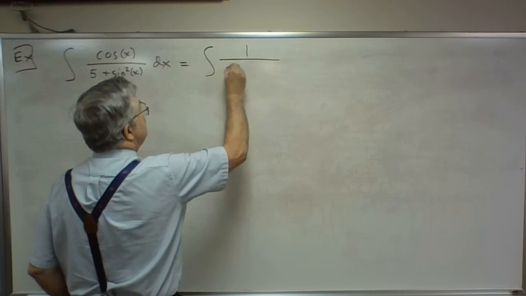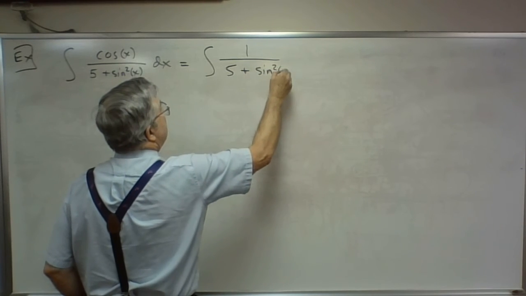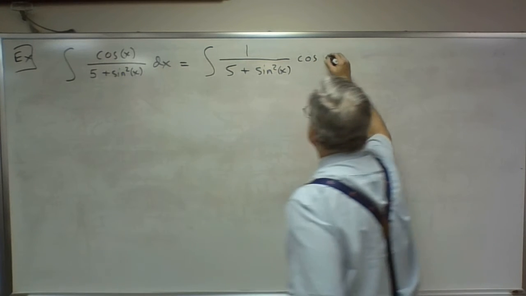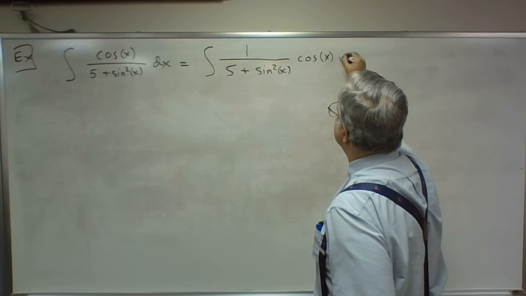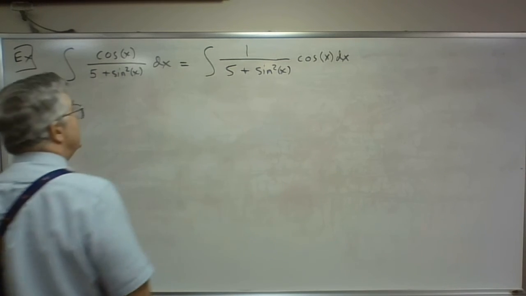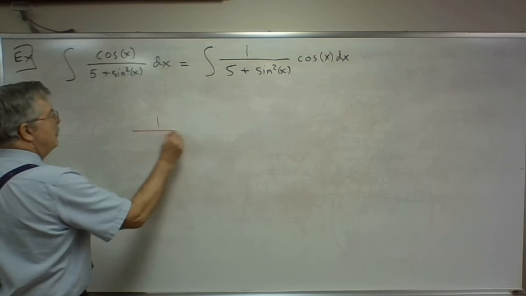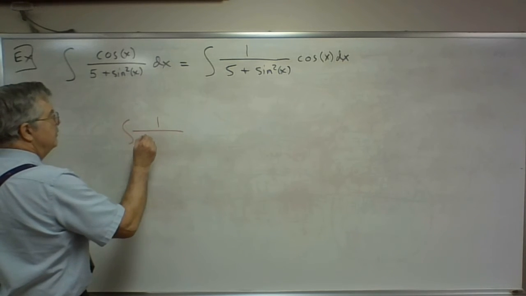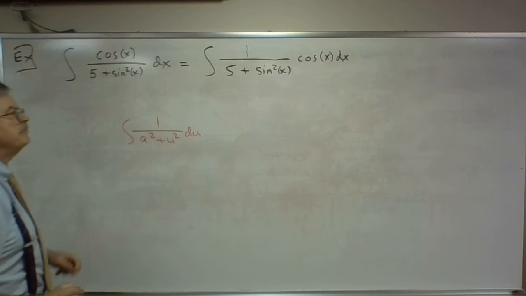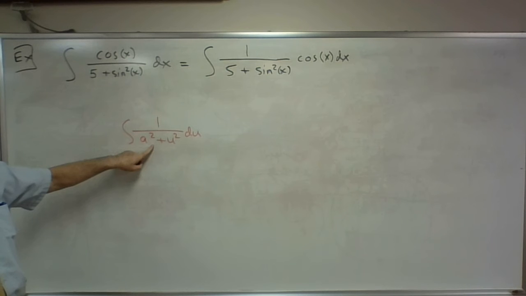So I'm going to rewrite this, and I want to make it fit the form integral of 1 over a squared plus u squared du. I want to make it fit this form.